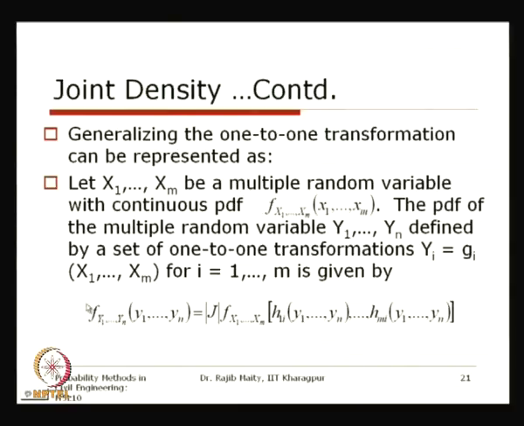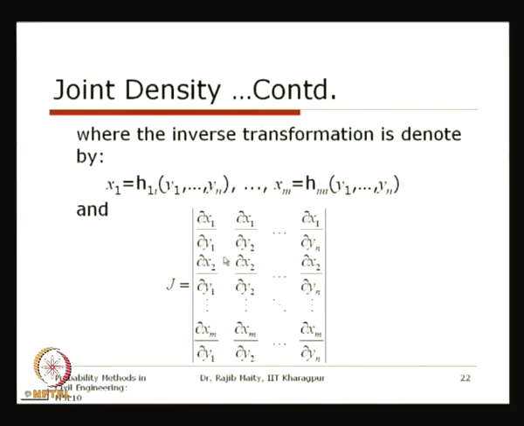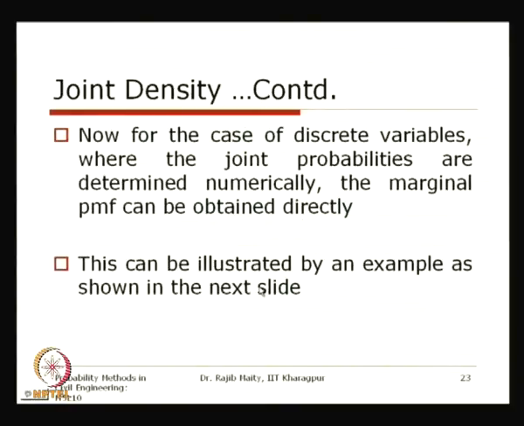This new joint density is equal to the Jacobian multiplied by the original joint density function expressed in terms of y1, y2, up to yn, and the Jacobian looks like this. So, x1, x2, x3 are the original random variables, y1, y2 are their functions, and this is the joint Jacobian. The absolute value of that Jacobian is multiplied.